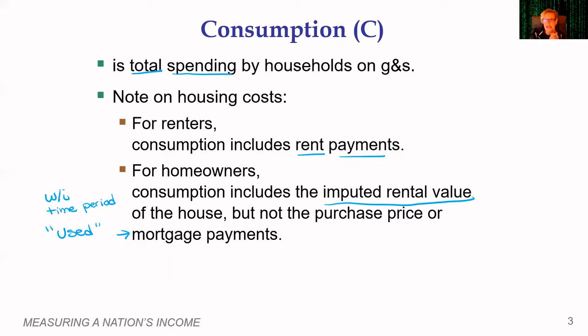So we wouldn't count that as part of GDP because you're not spending money on construction and some of those kinds of things. It would have been counted in GDP when it was built. And it would actually be counted in the investment category, not the consumption category. So this is a pretty important distinction.